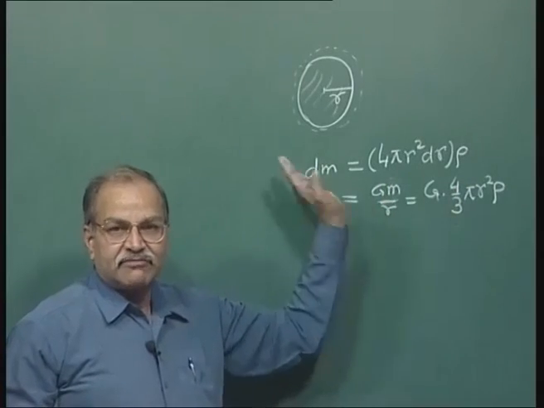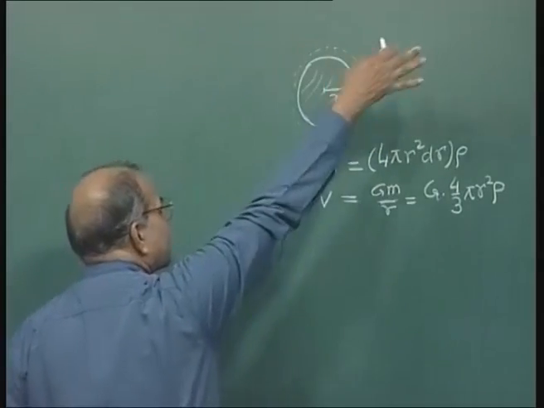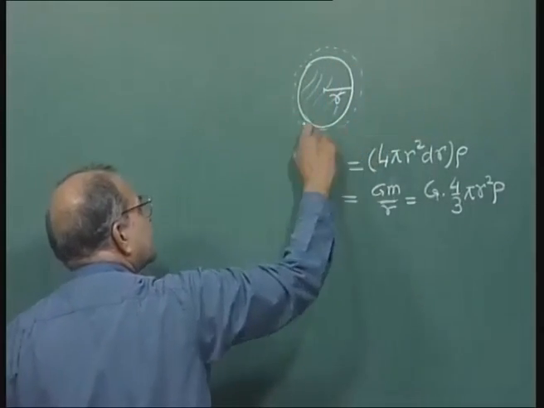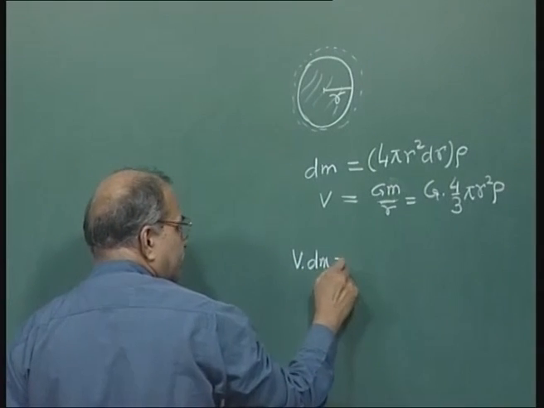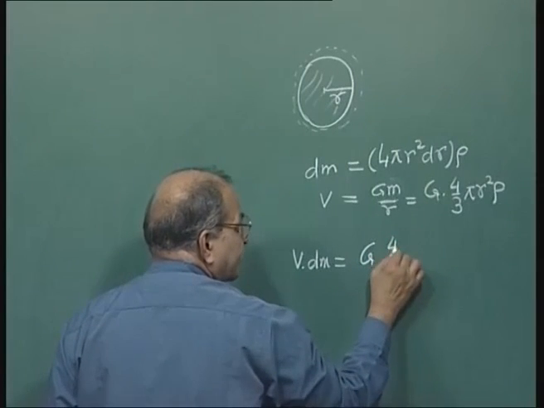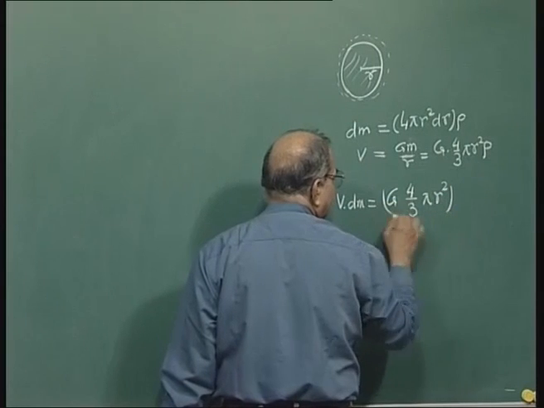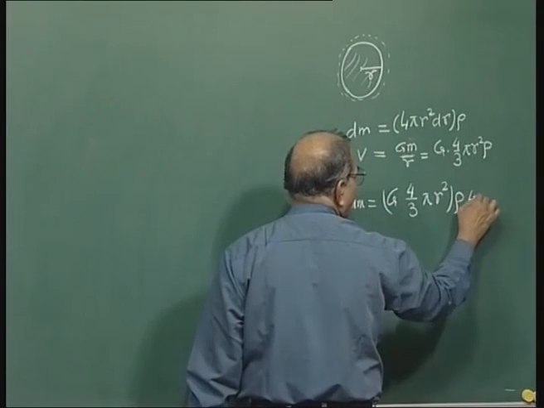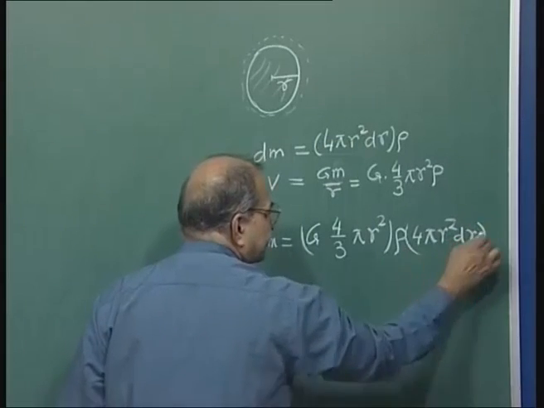Negative of that sign we will take care. So, the work done in bringing this layer from infinity to here will be this potential times this mass that you are bringing, which will be G 4 by 3 pi r square rho times this 4 pi r square dr times rho.